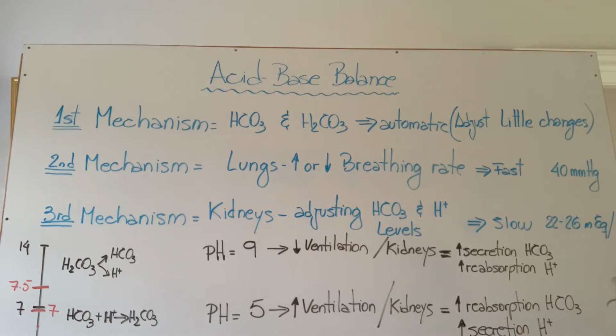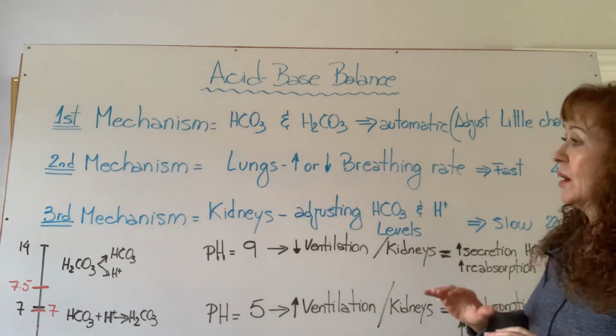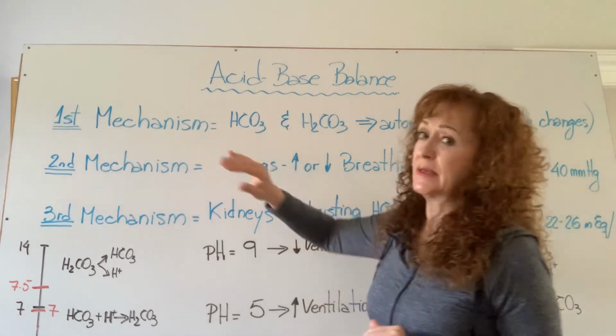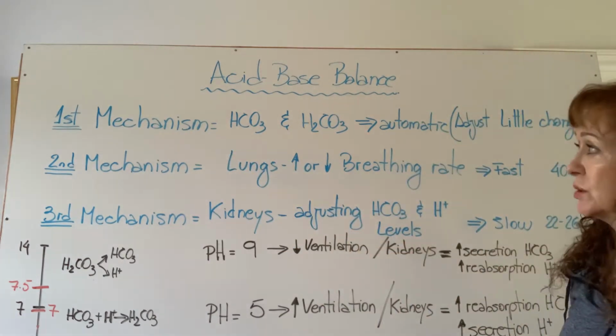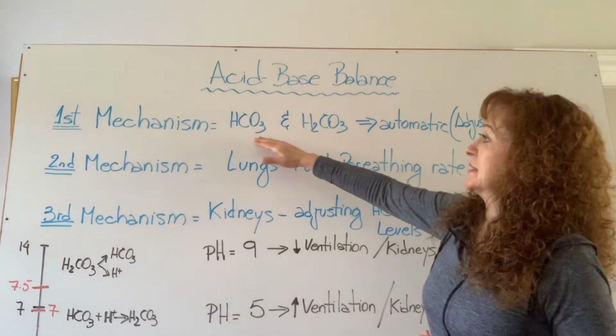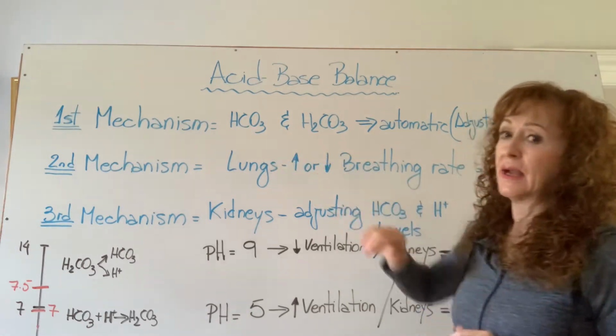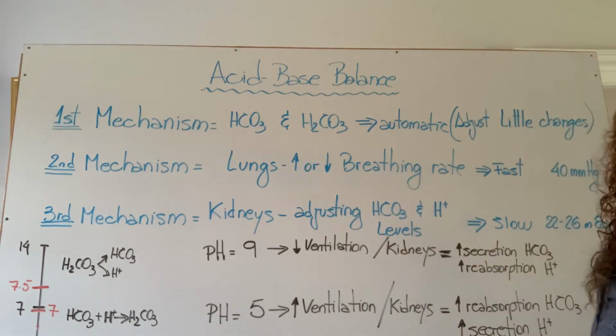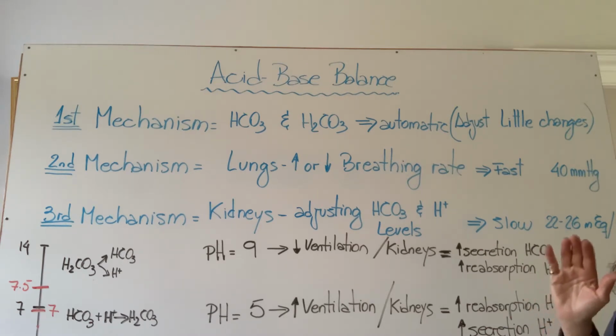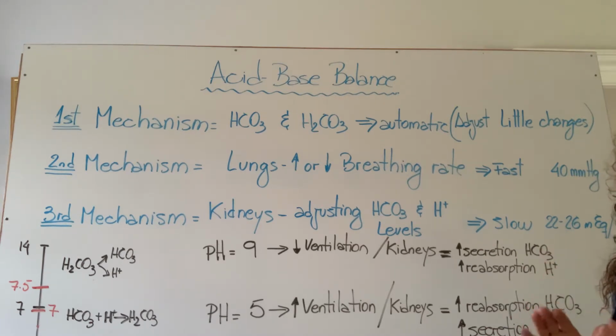There are three systems that you have over here. The first mechanism that our physiology uses is the adjusting between these two molecules that I referred to in the previous video, bicarbonate and carbonic acid. It is the first mechanism if the deviation of the blood pH is little.